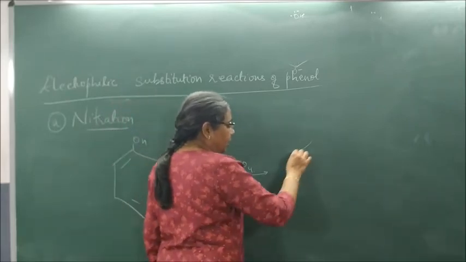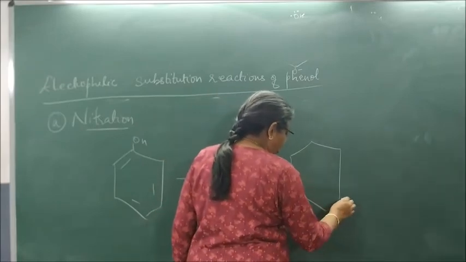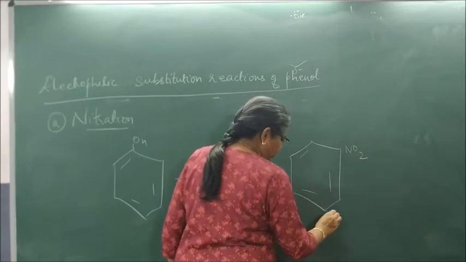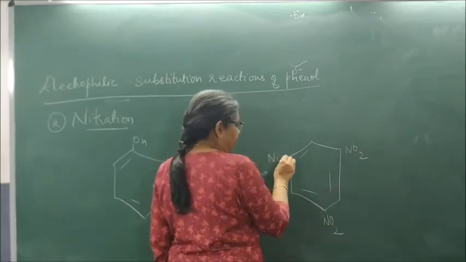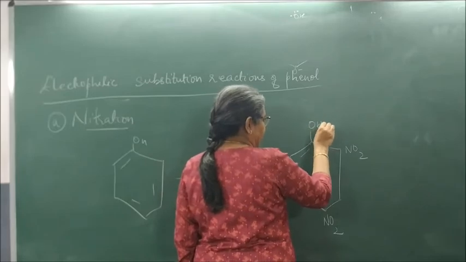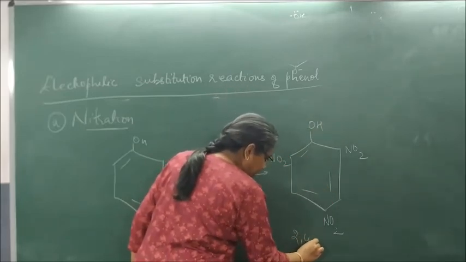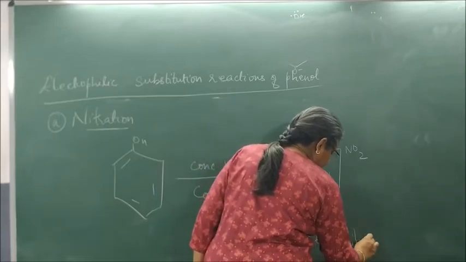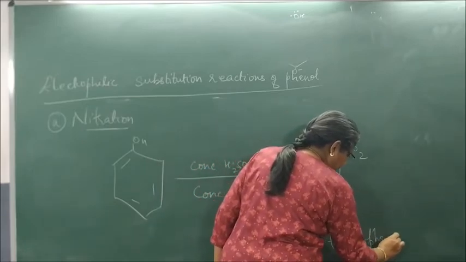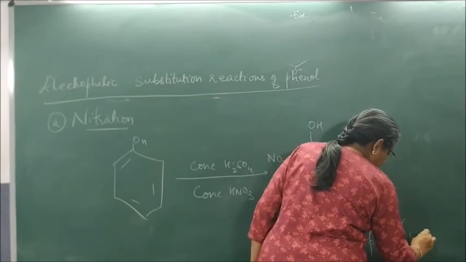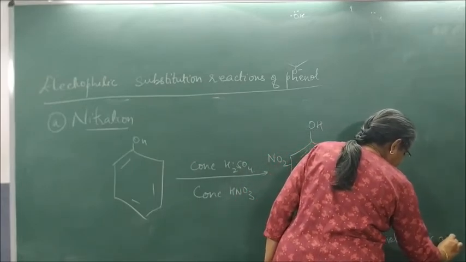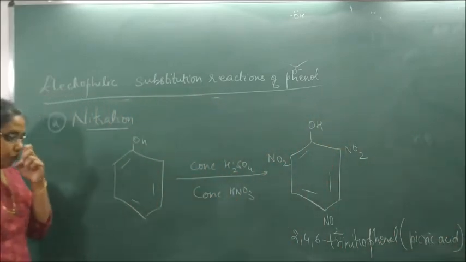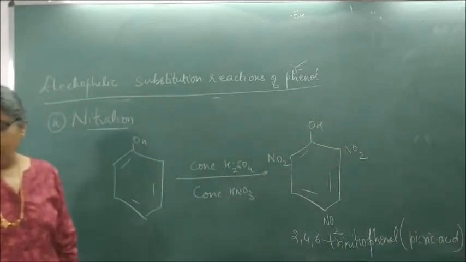When this is done, electrophilic substitution takes place at ortho, para and ortho position, and this compound is called as 2,4,6 trinitrophenol, or this is called as what acid? Picric acid. Okay, this is called as 2,4,6 trinitrophenol or picric acid.